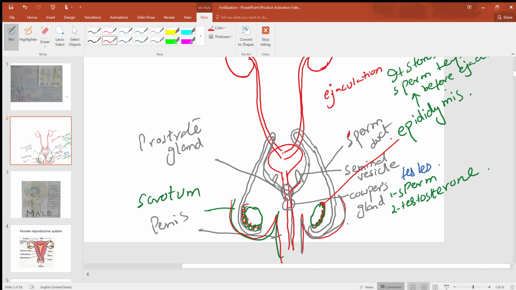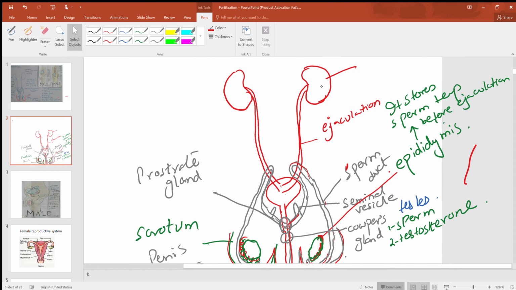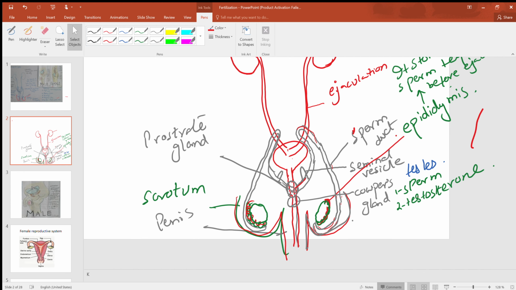Now, from the epididymis there arises a tube which is known as the sperm duct. It moves upward and loops over this structure, which is known as the ureter, because we have studied in the human excretory system that this is the kidney, this is the ureter, this is the urinary bladder, and this structure is known as the urethra.